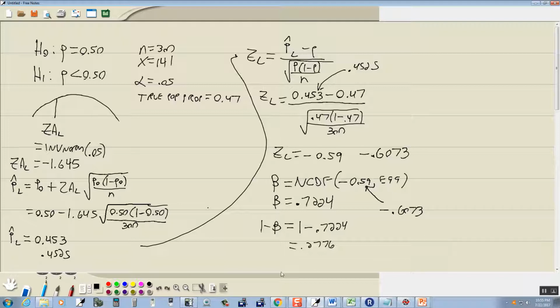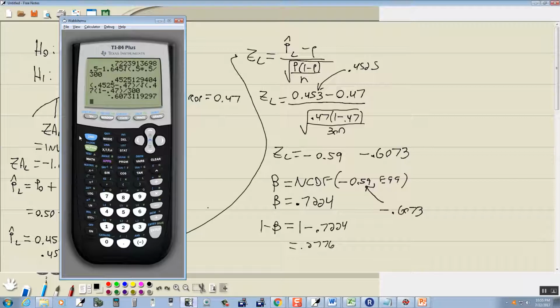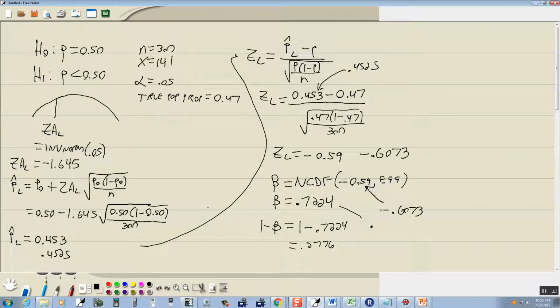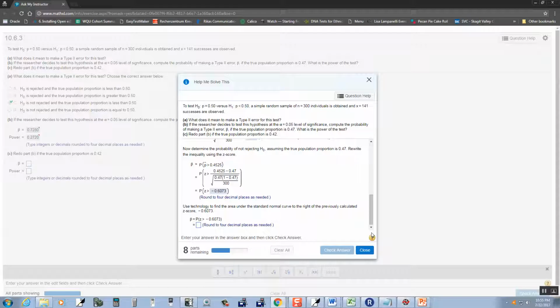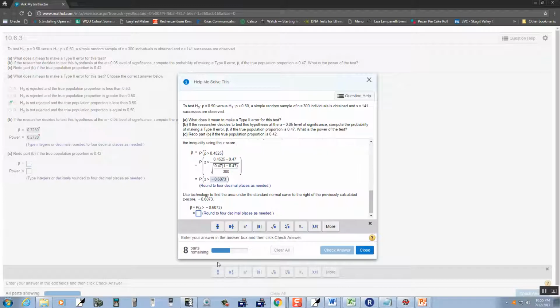So we'll have normal CDF, negative 0.6073, comma, E99, which gives 0.7282.